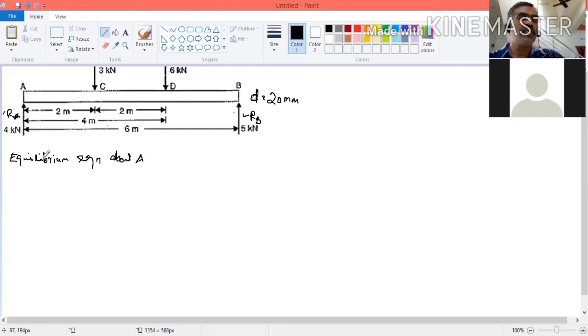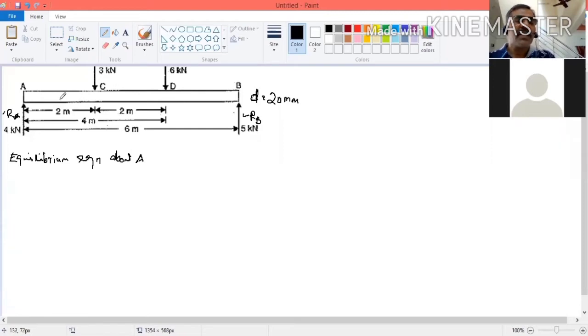Equilibrium may also be a force equation, but here we are taking moment about point A. If you want to calculate a shear force or bending moment, you will take sections at different points and consider either one side. But while writing the equilibrium equation, you can consider all the loads, both left side and right side.